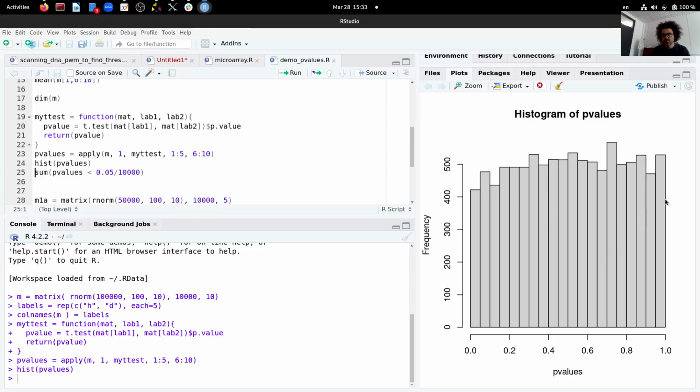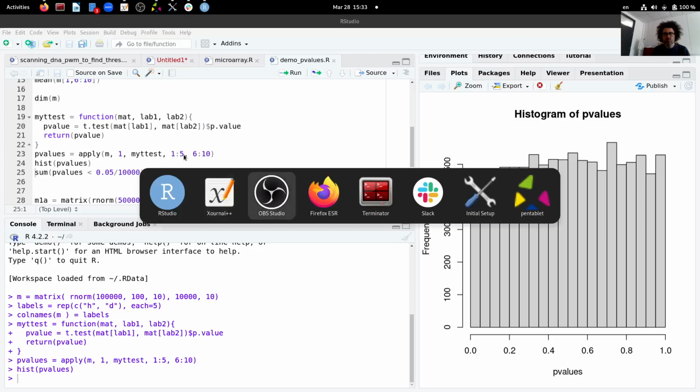And this distribution actually is the uniform distribution. So you can see with a small simulation here that indeed the p-values are uniformly distributed when the null hypothesis is correct. Okay, this is the first video, and then we'll go to the next questions.